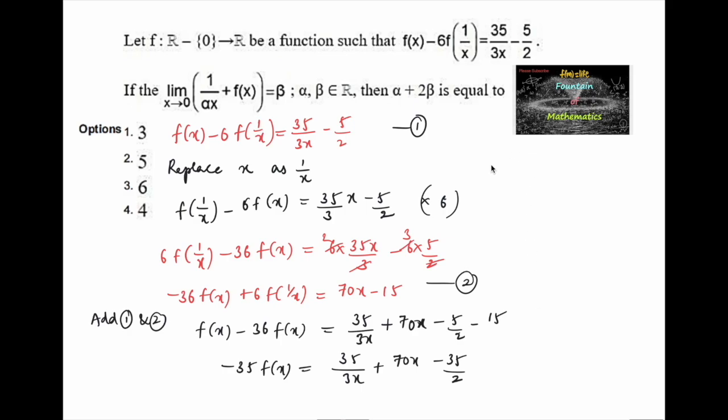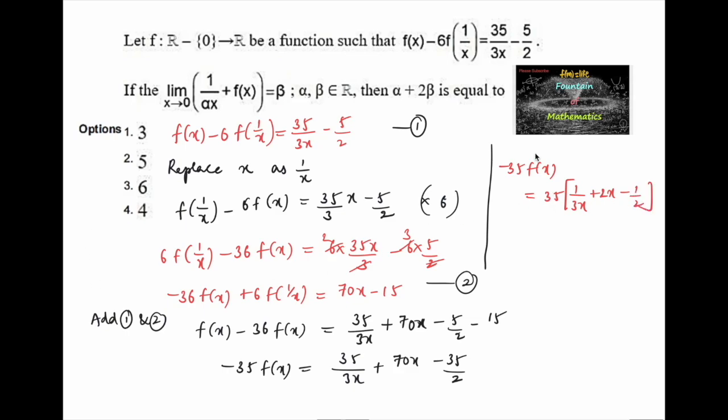So we can take out 35 common. So we can write 1 upon 3x plus 2x minus 1 by 2.